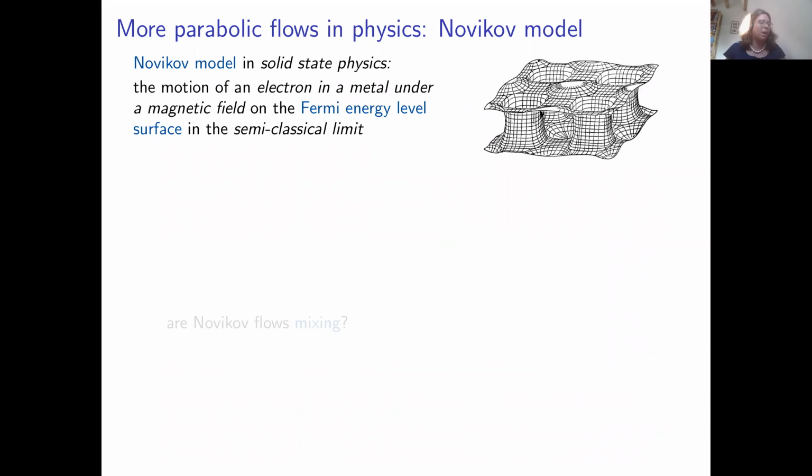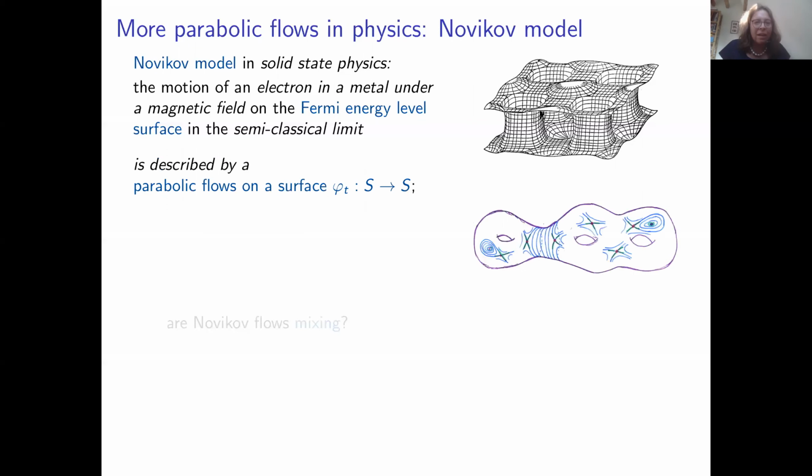So you assume to have a metal in a magnetic field, and the motion happens on so-called Fermi energy level surfaces. If you use the semi-classical approximation, then the model turns out to be described by a flow on a surface. So this is the setup I want to enter now.